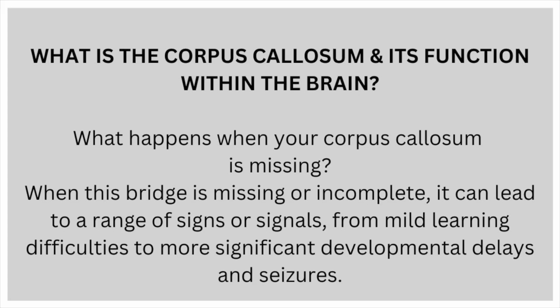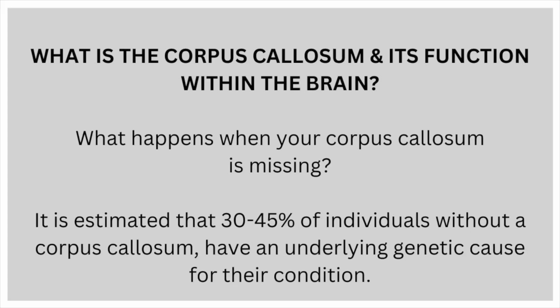What happens when your corpus callosum is missing? When this bridge is missing or incomplete, it can lead to a range of signs or signals, from mild learning difficulties to more significant developmental delays and seizures. It's estimated that 30 to 45% of individuals without a corpus callosum have an underlying genetic cause for their condition.